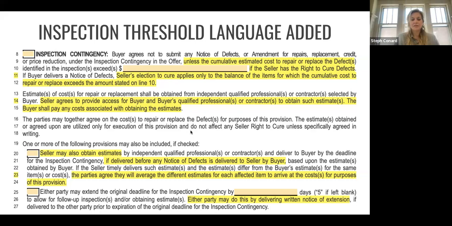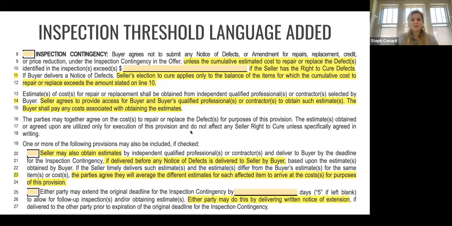If the seller timely delivers such estimates and the estimates differ from the buyer's estimates for the same items, the parties agree they will average the different estimates for each affected item to arrive at the costs for purposes of this provision.